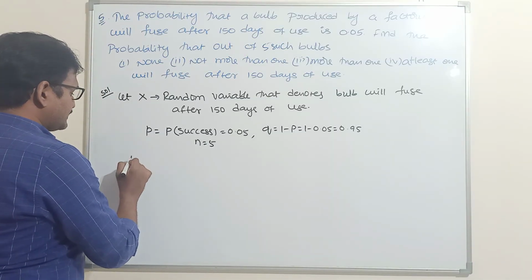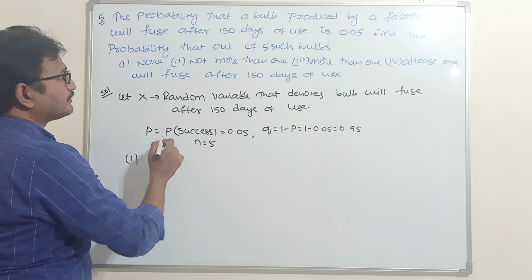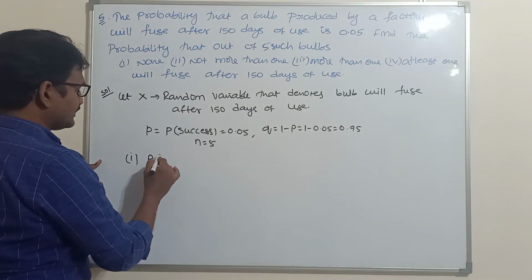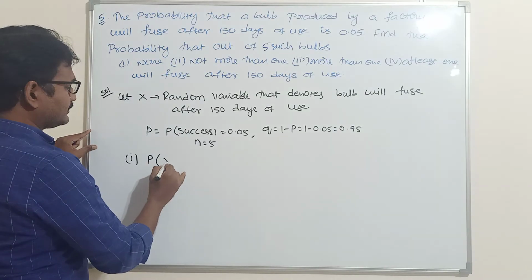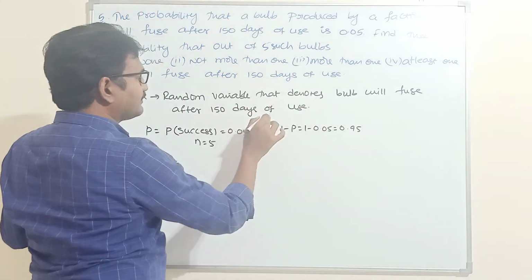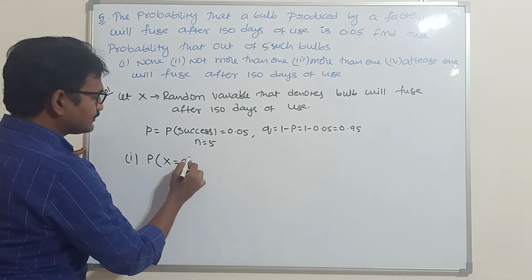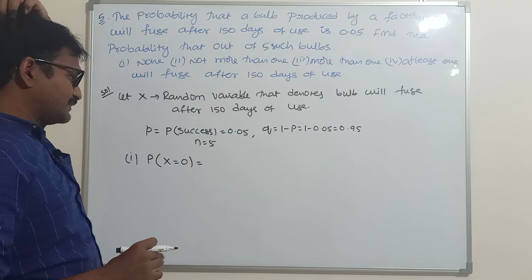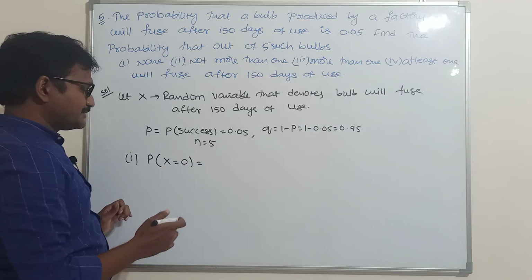The first question: what is the probability that out of 5 such bulbs, none will fuse after 150 days of use? That means P of X equal to 0.